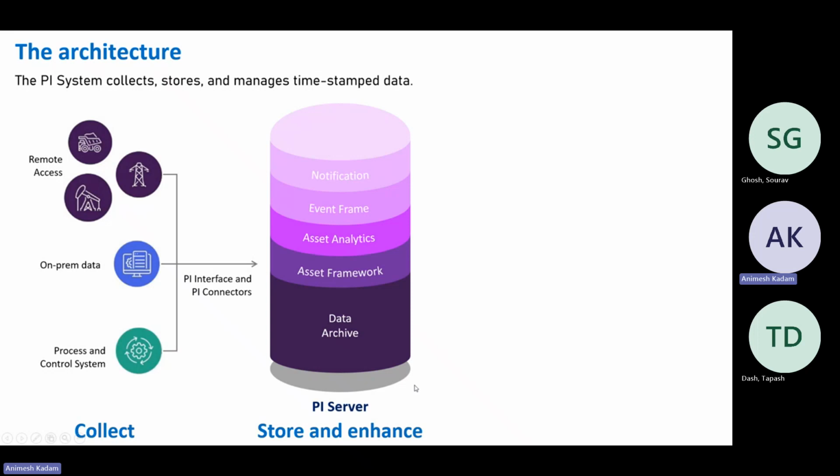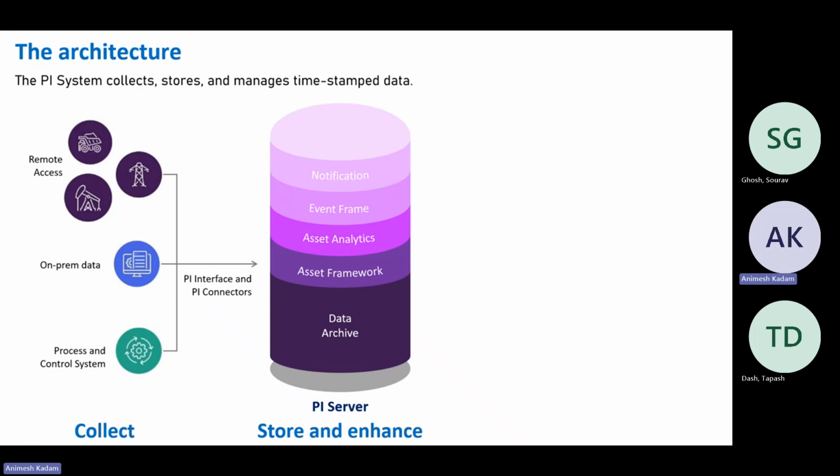So Pi system is not only the database. The database is only the base of the Pi system, you can say. Whatever process data you collect will go into your Pi data archive. Pi system doesn't use SQL or any other RDBMS database to store the data.